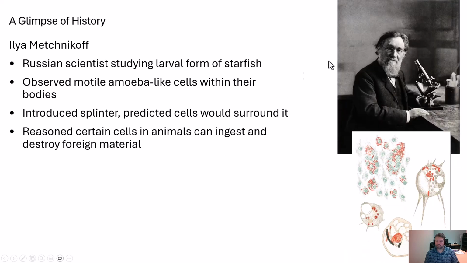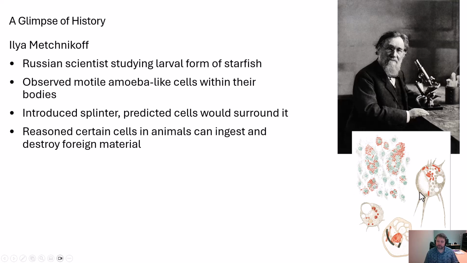Okay, so there's Microbiology and his microscope and some of his early drawings. You can see here these little red things in his drawing are actually bacteria that he introduced, and then you can see the amoeboid-like cells that consume the bacteria.